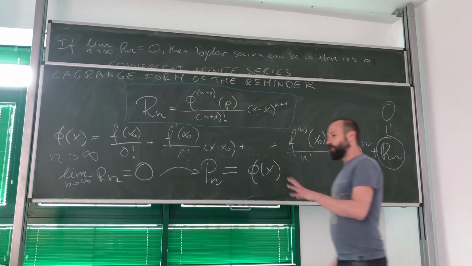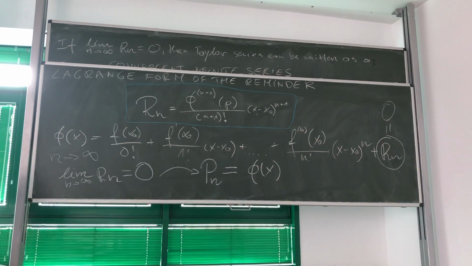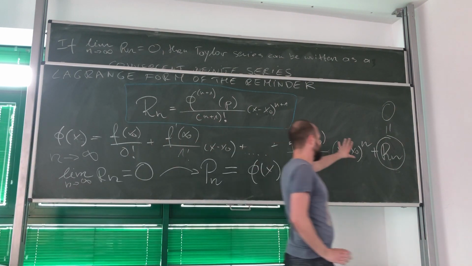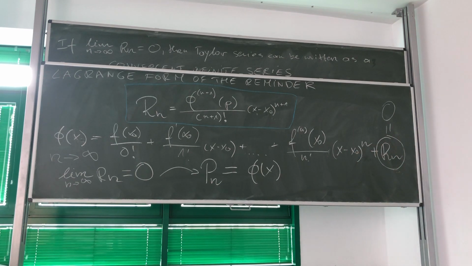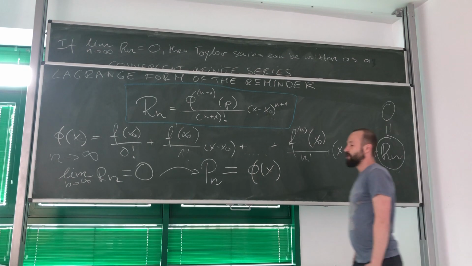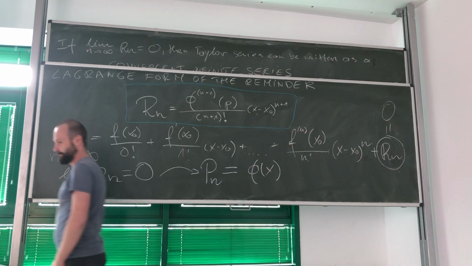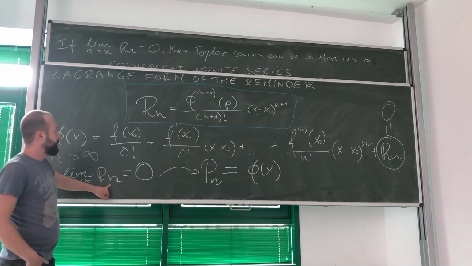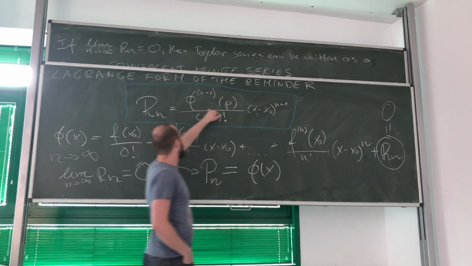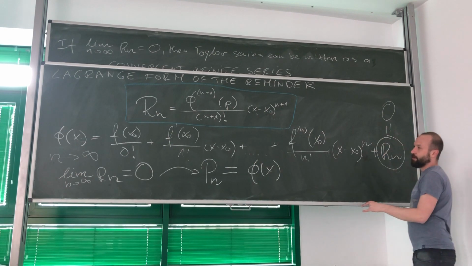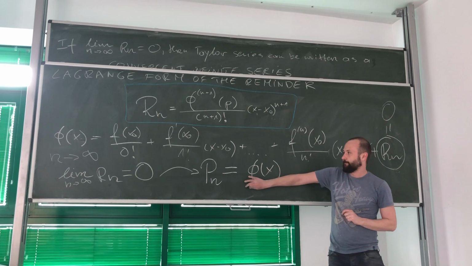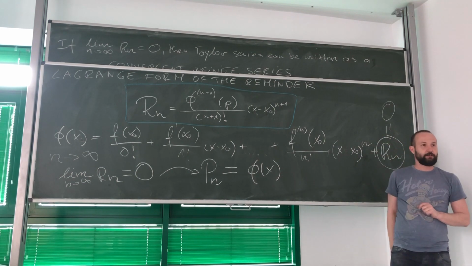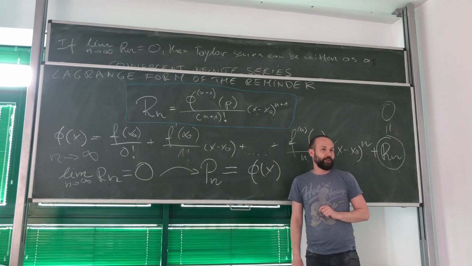So what we learned is that if we take some arbitrary function and use a Taylor expansion with an infinite number of elements, and with an increasing number of elements the value of the remainder goes to 0, we know that the polynomial we are using is a perfect representation of that initial function.